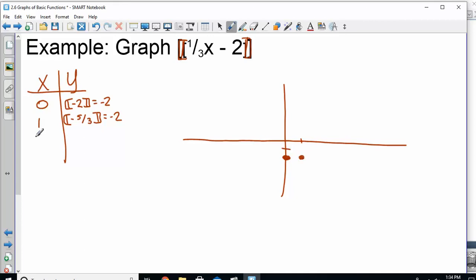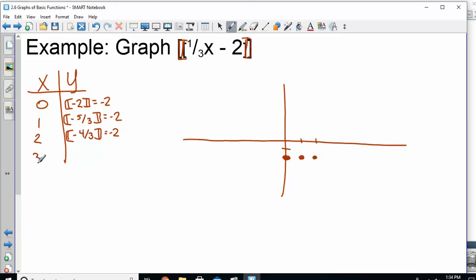If I put in a 2, 1/3 times 2 is 2/3, minus 2 is -4/3. So that's like -1 and 1/3. Again, that's between -1 and -2, so what do we get out? -2. So I'm still on the same step.